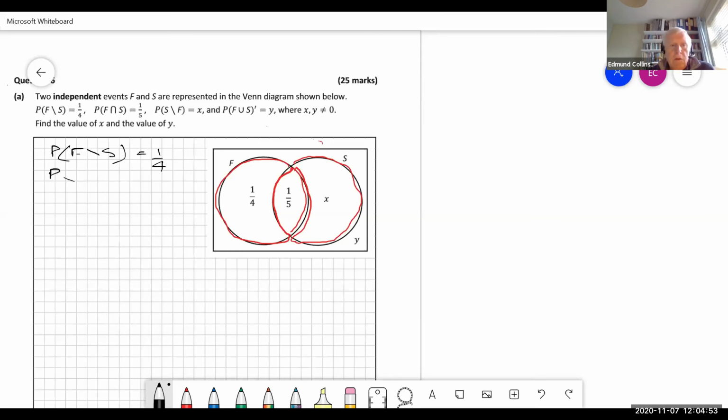We're given this: the probability of F and S equals 1/5. And we want to find the probability of S not F equals X.